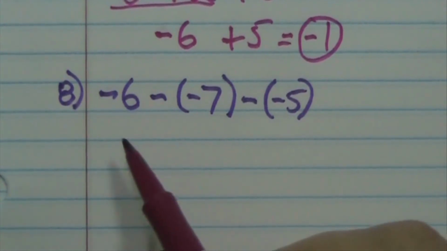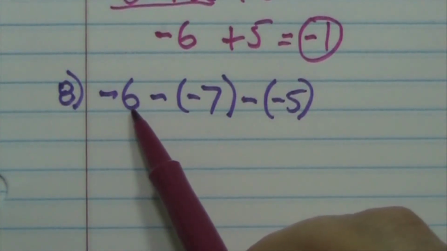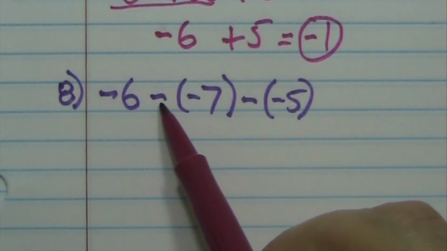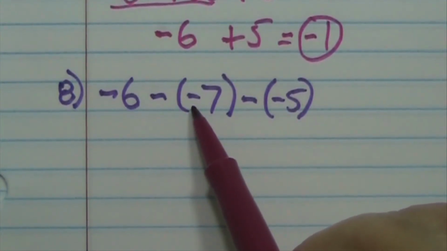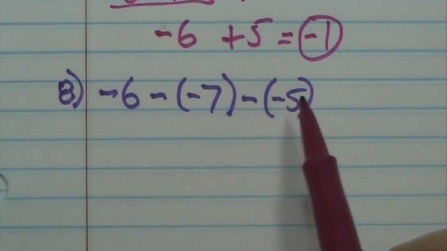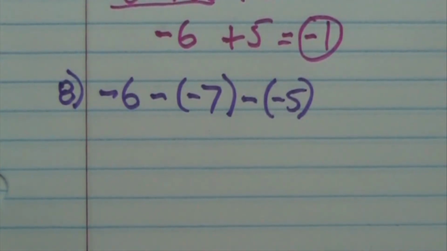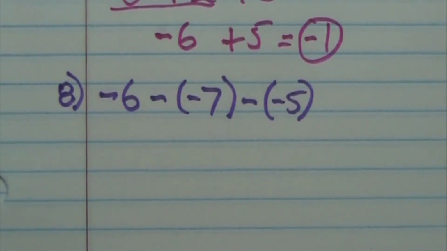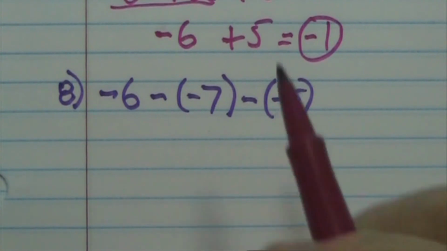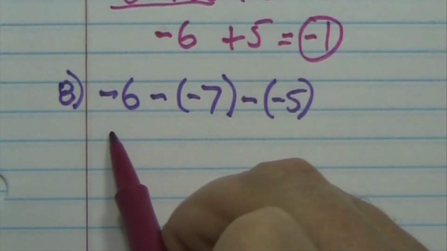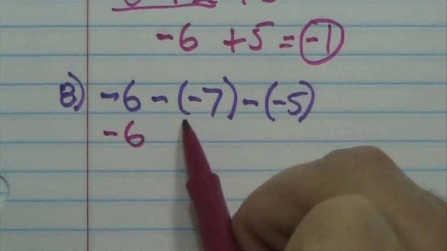Number 8, -6 minus -7 minus -5. Okay, try to solve that before I do. So we have -6. This makes a big plus.